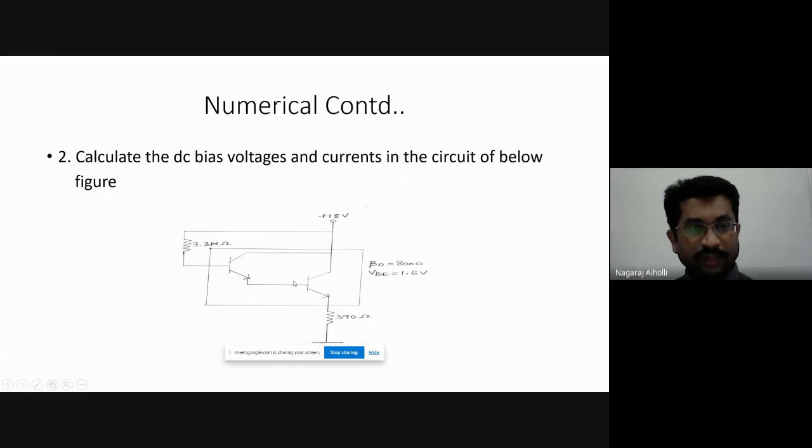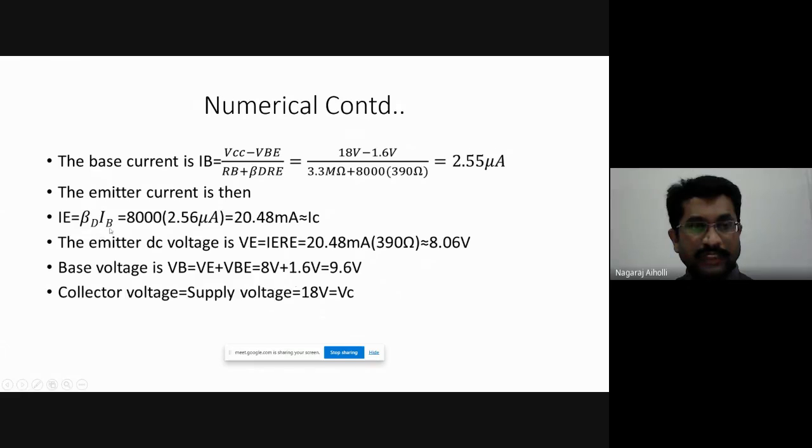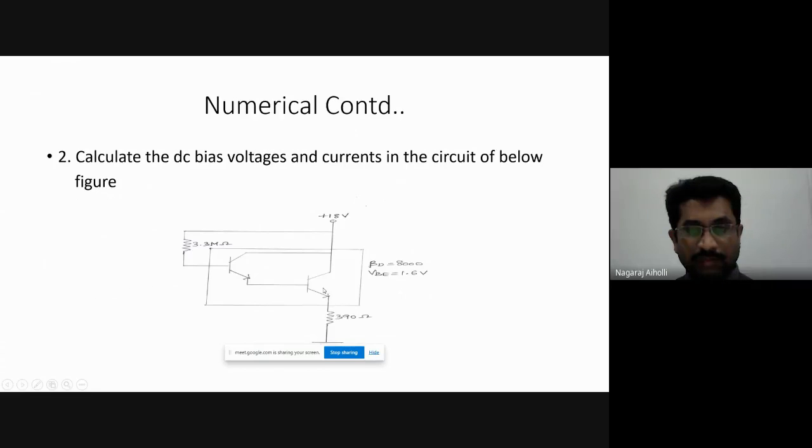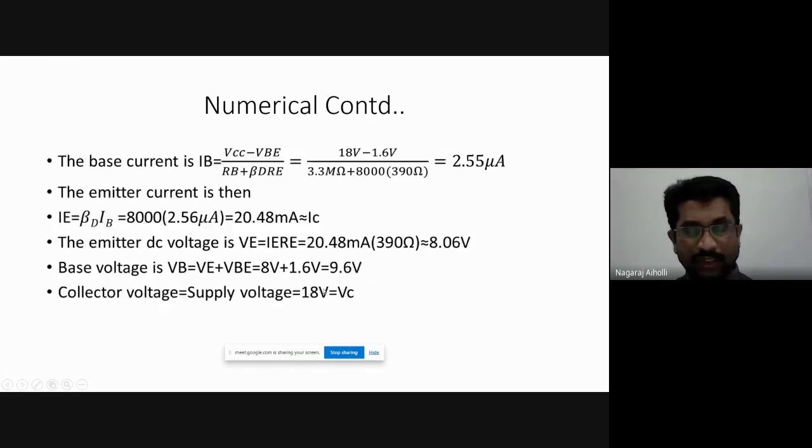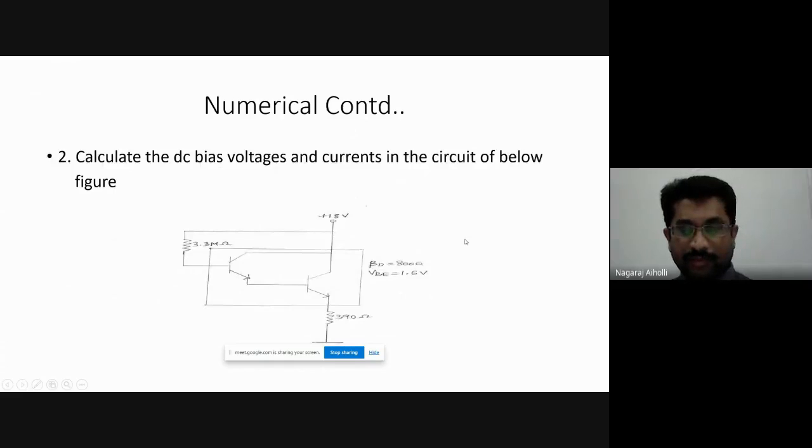Beta D is given as 8,000, into IB, which is whatever you have just calculated, 2.55 microampere. Find out the answer: IE is equal to beta D into IB, which is 8,000 multiplied by 2.55 microampere.